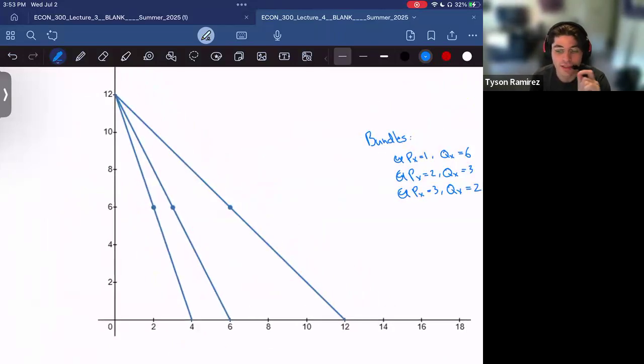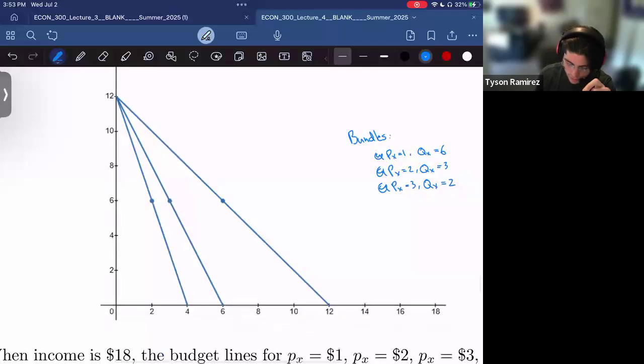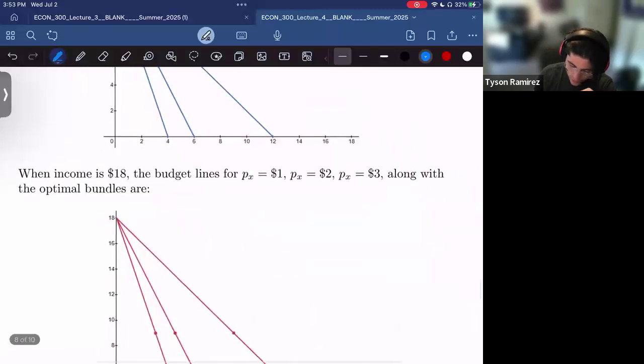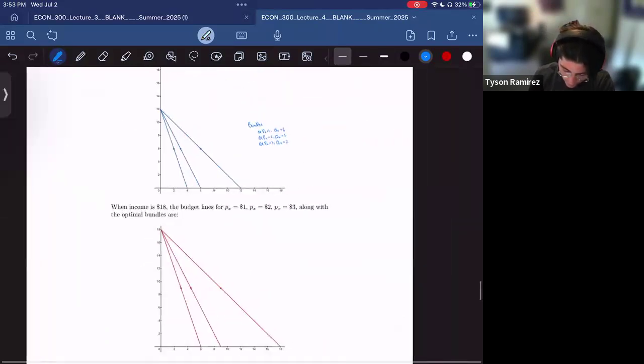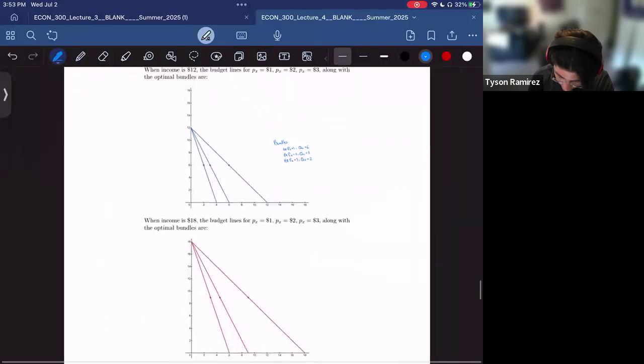If we did this same exercise again, but now raise the income. All right. Suppose instead of $12, you have $18 to work with. Then what do we notice? Well, compare the two.